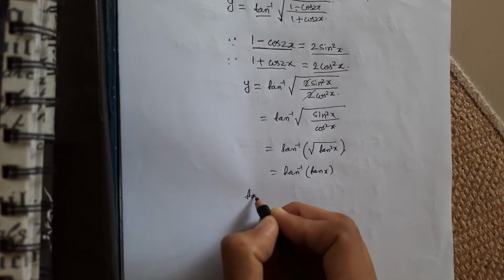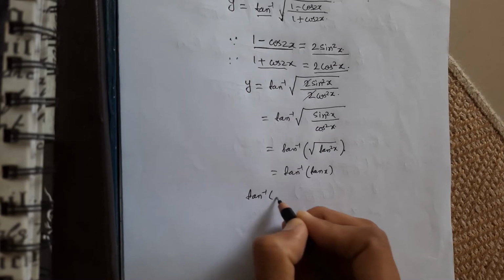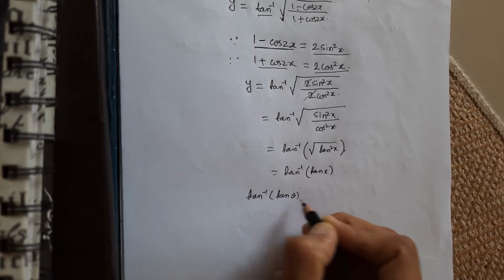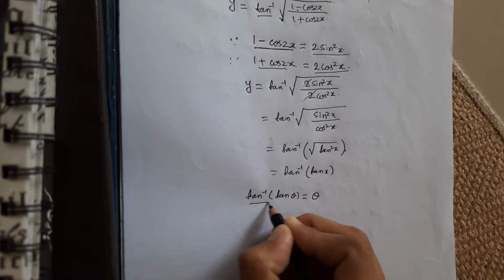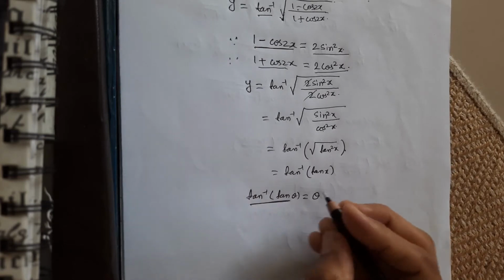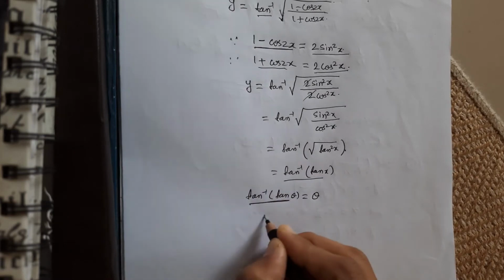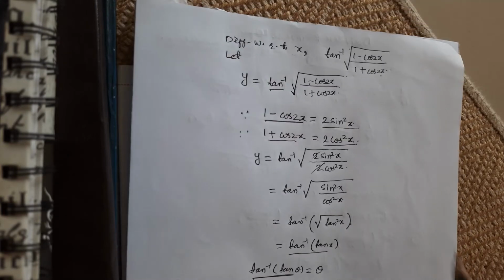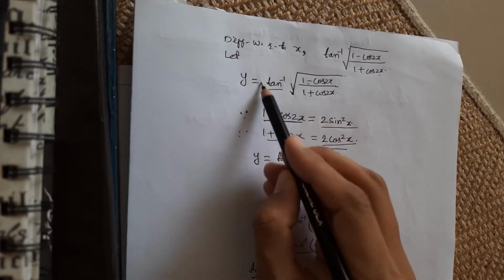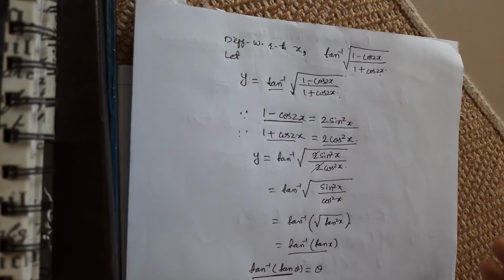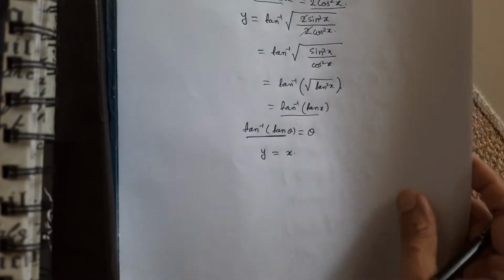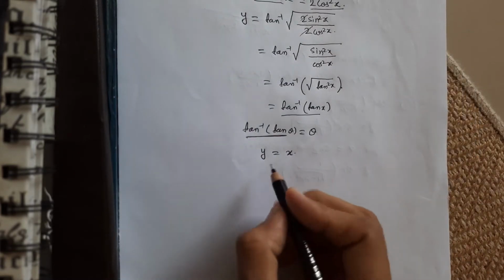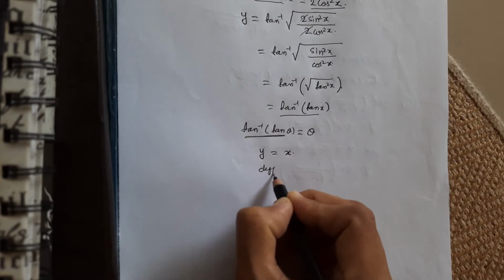Now we know one more trigonometric formula, that tan inverse of tan theta is equal to theta. So the tan inverse and tan cancel, and as per this I get y equals x. The function which looked very complicated has become very simple now, y equals x.